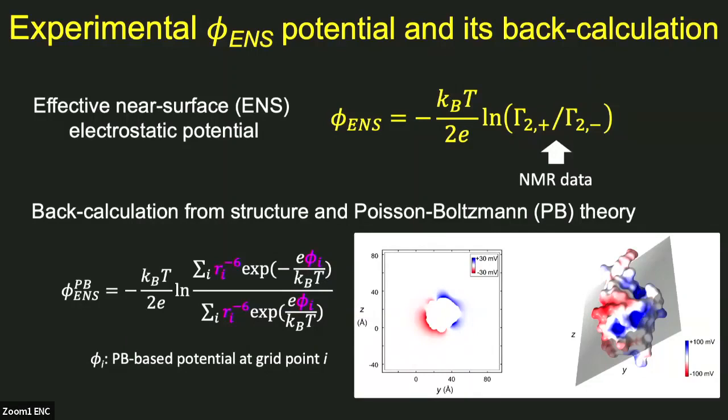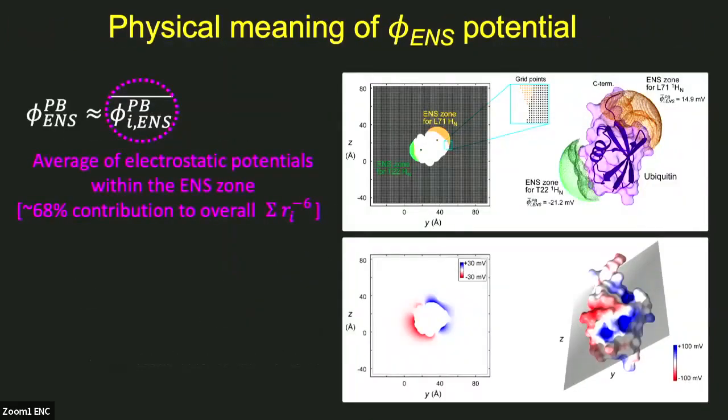Okay, you might be wondering, what is really the physical meaning of phi ENS? The physical meaning of phi ENS is relatively simple. So basically, as I mentioned, it is related to the electrostatic potentials near the observed nucleus.